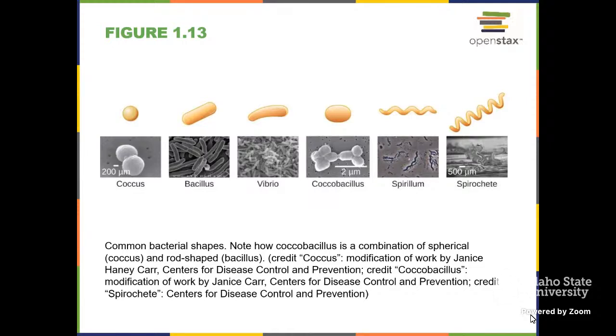Moving over to the last two, these are kind of odd looking ones, sort of little spring guys, all right? A spirillum and a spirochete, they're curved more so than the vibrio, all right? And they have abilities really to kind of spiral through their environment.